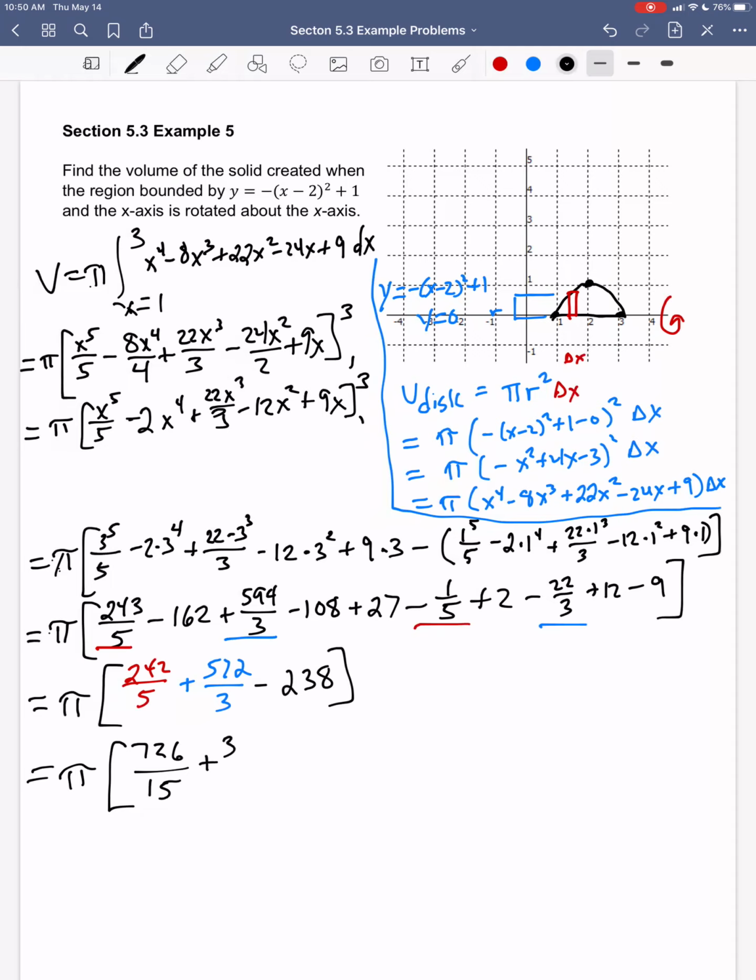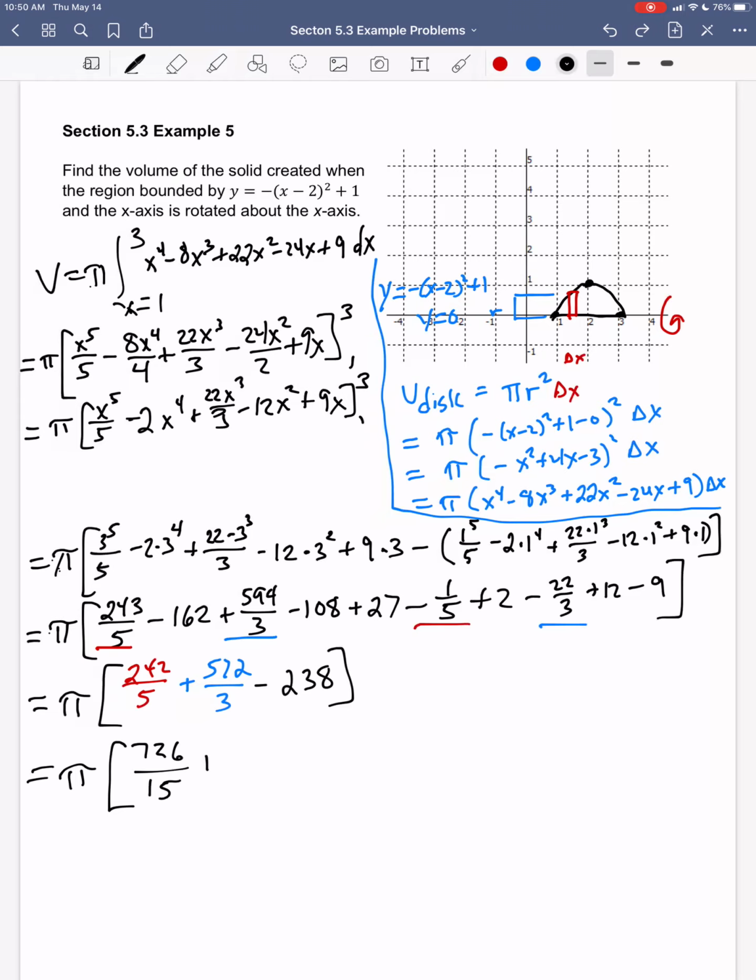That gives me 3570 over 15. Here I think of that as 238 over 1. I have things in a different order on my piece of paper.